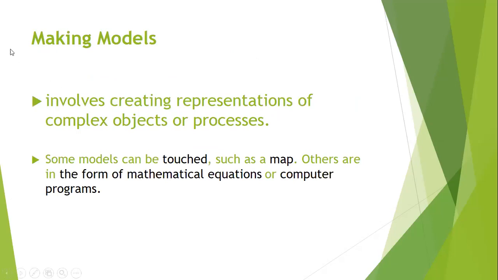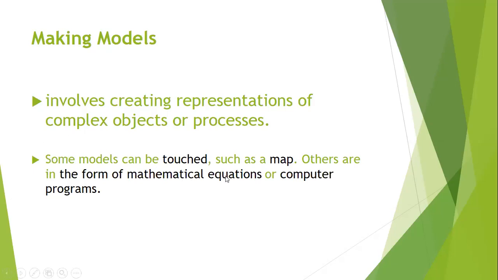Making models is the last skill. It involves creating representations of a complex object or process. For example, a theory collects all of the ideas about a topic. Some models can be touched, like a map, which is a model of a country or a place.